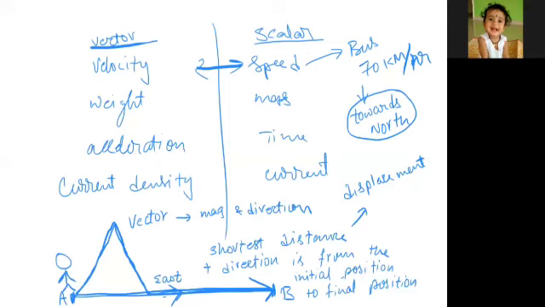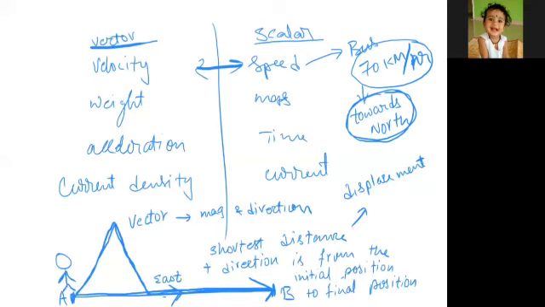That is, it is moving with 70 kmph, and also towards north. So you have more information hidden in a vector than a scalar. So a vector is obviously a better thing than a scalar, if possible to take a vector.